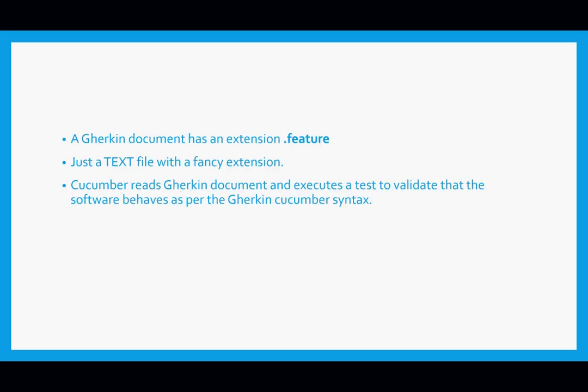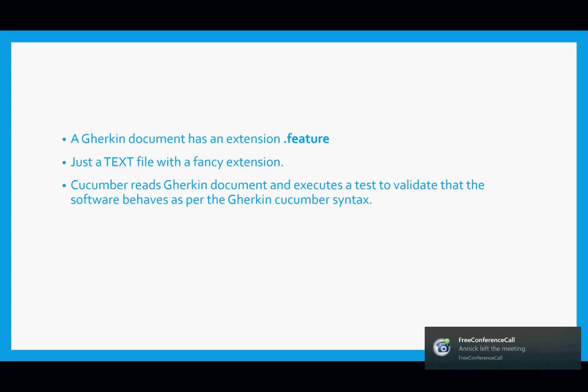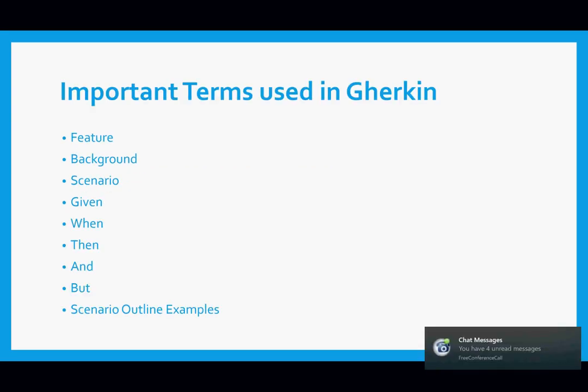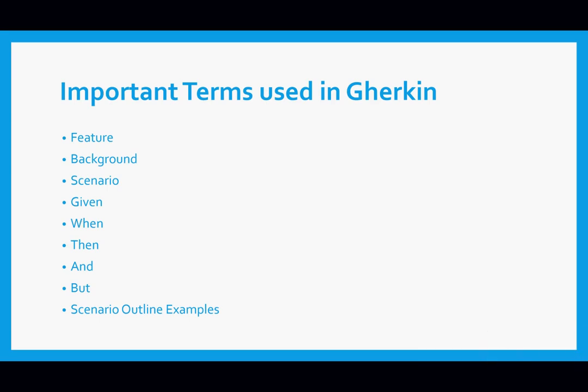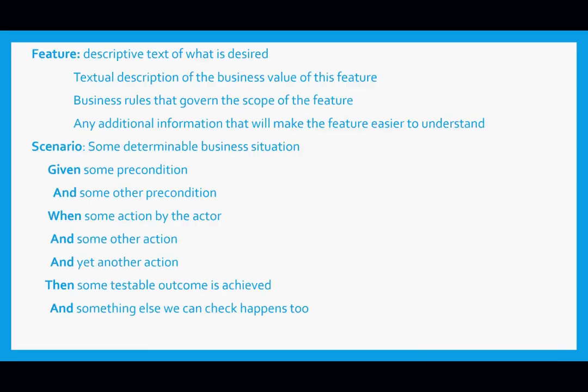As we said, Gherkin is given, when, then, and it is an extension of a feature file. You just put a feature in a text file. The important terms about Gherkin are background, feature, scenarios, given, when, then, and but. We've also covered the scenario outline.